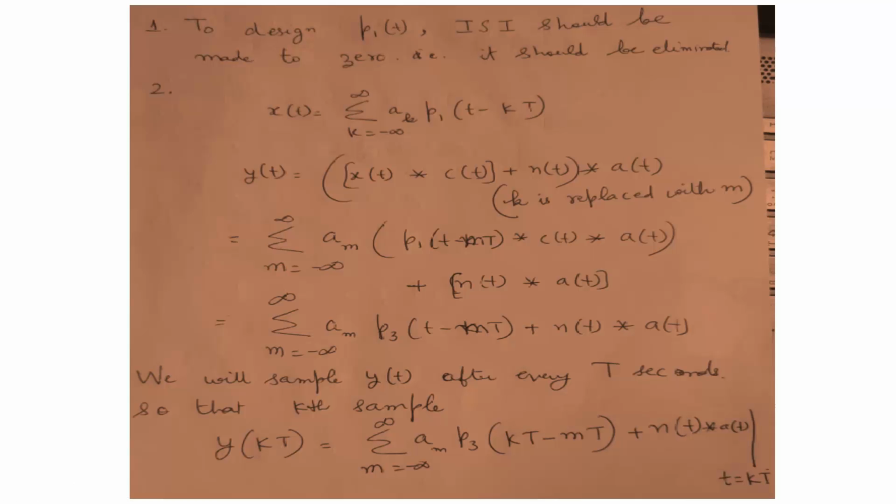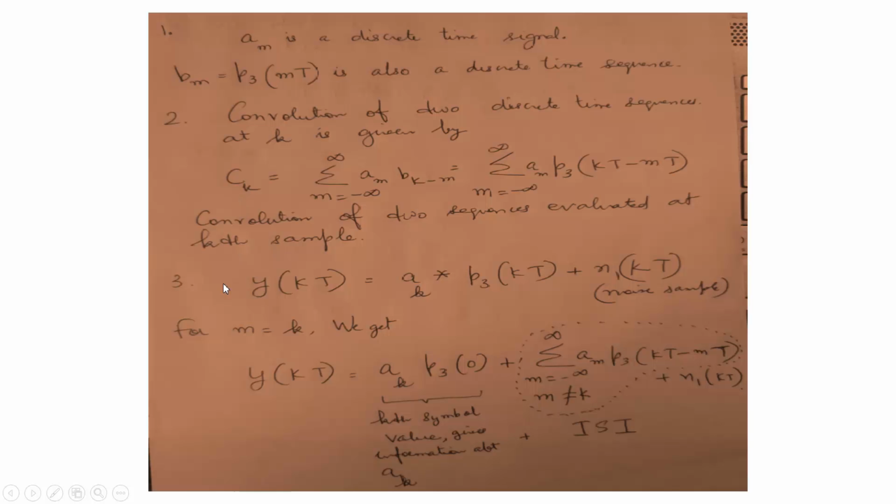So y(kT) equals the sum over m from minus infinity to infinity of a_m p3(kT minus mT), plus this noise convolution part. As I said, a_m is a discrete sequence. p3(mT) I am representing with b_m, another discrete sequence. The convolution of the two discrete sequences will be a third discrete sequence, which is evaluated at the kth sample.